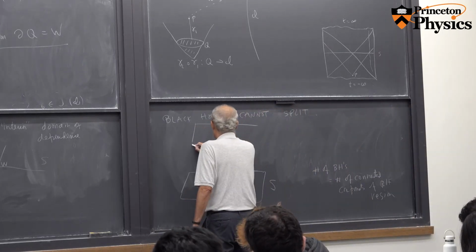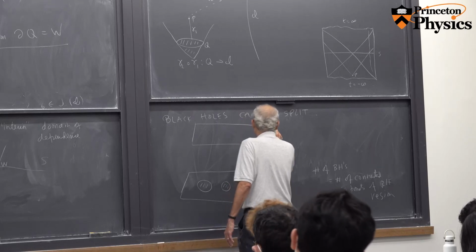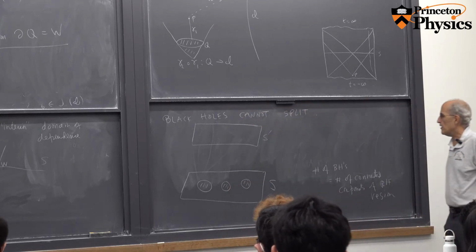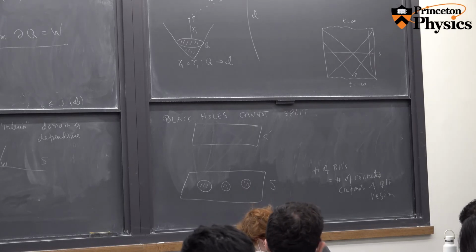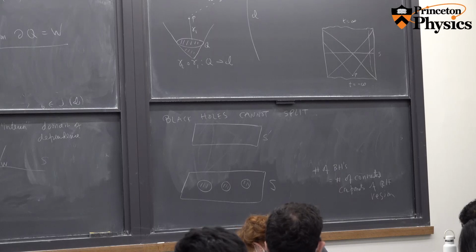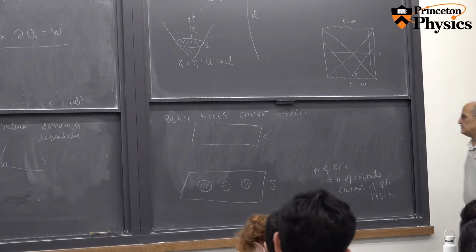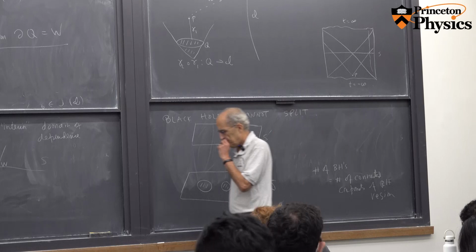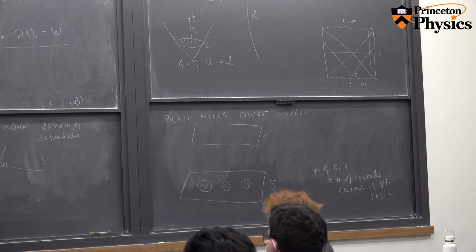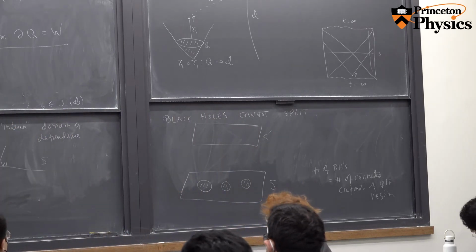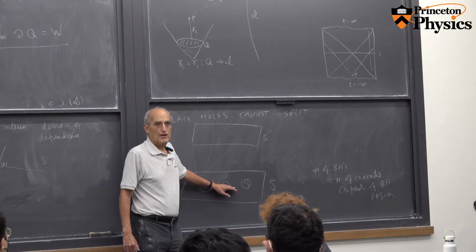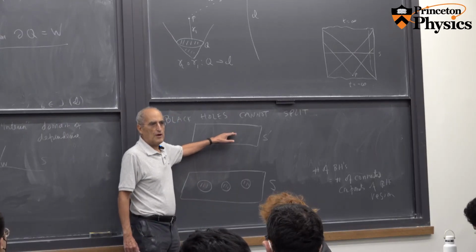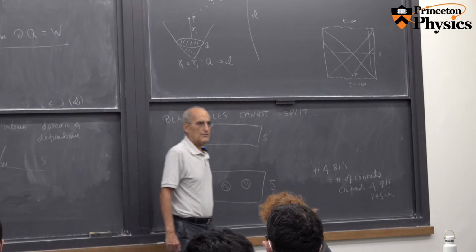Now, we could have a later Cauchy hypersurface S prime, and the number of black holes could be different. It could be either bigger or less. New black holes could form, but old black holes could merge. The number of black holes on S prime can't be 0. That's because any future going causal curve from the black hole region has to reach S prime, since S prime is a Cauchy hypersurface.